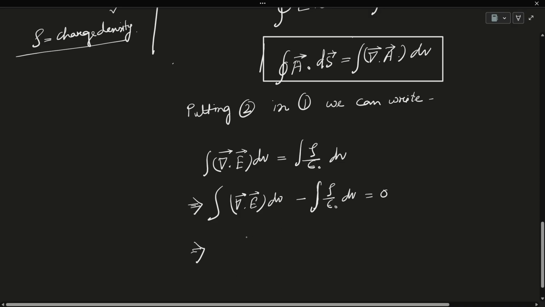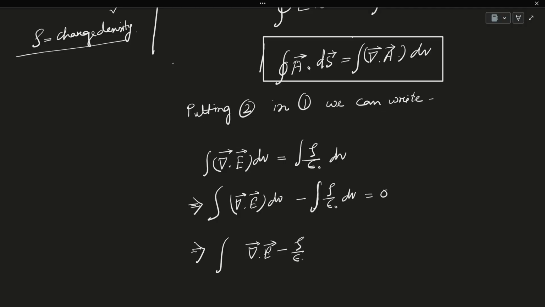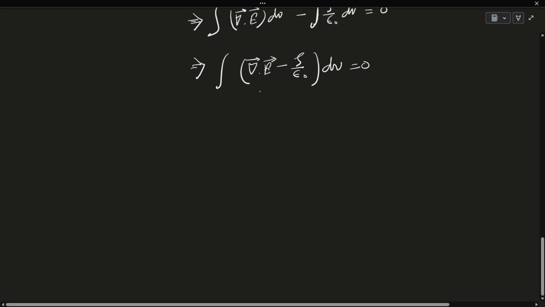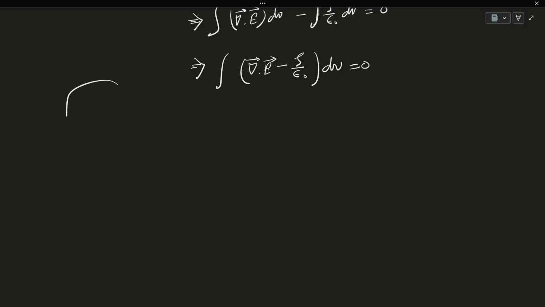So by combining these two, the integral of del dot E minus rho by epsilon naught dV is equal to 0. As you can see, the value of the integration is independent of the total volume. It doesn't matter what the volume is.